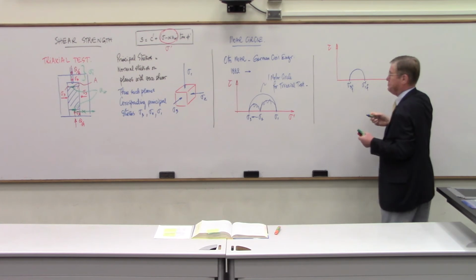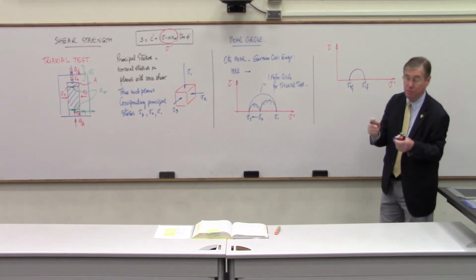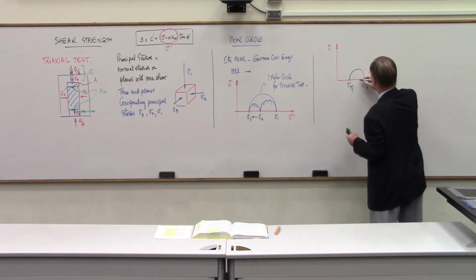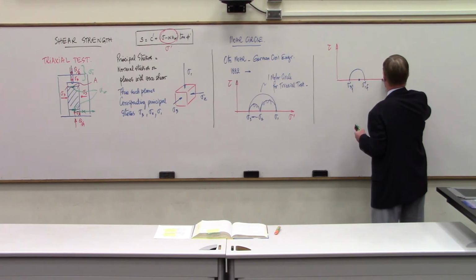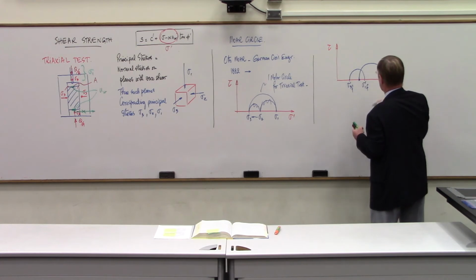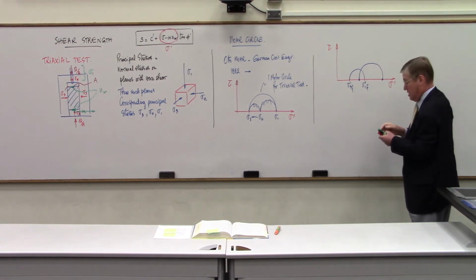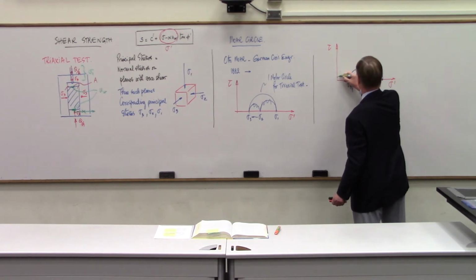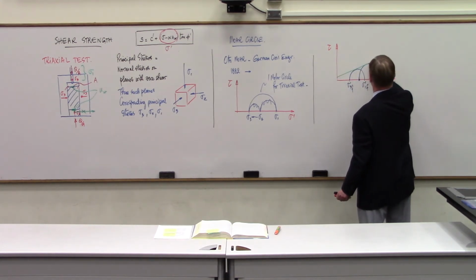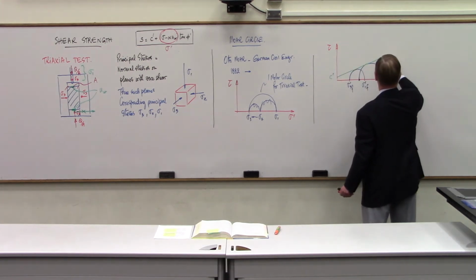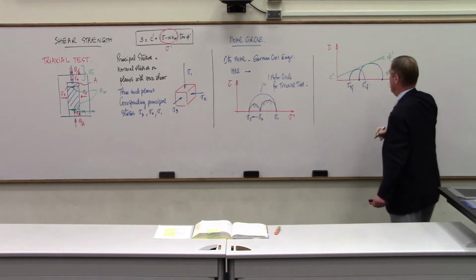So we might get a sample very close to the first one, and then do another test, and then we'd have another sigma prime 3 value, and another sigma prime 1 value, and then we'd get a second circle that looks something like this. And now that we have 2 circles, we'd be able to put the failure envelope tangent to both circles, and we would be able to get C prime and phi prime in that fashion.